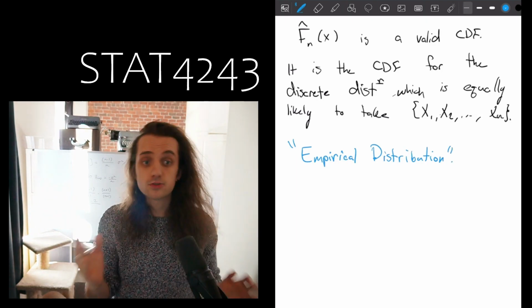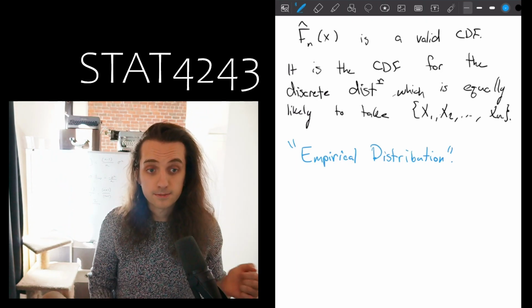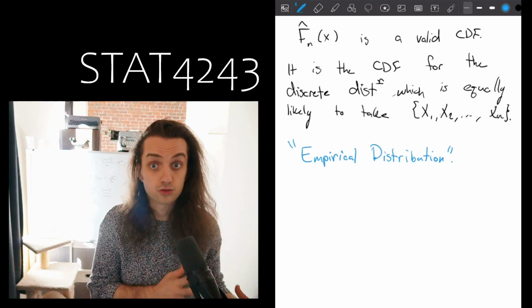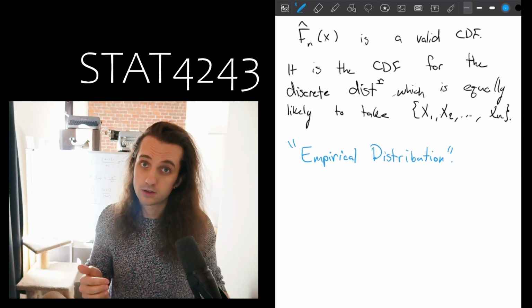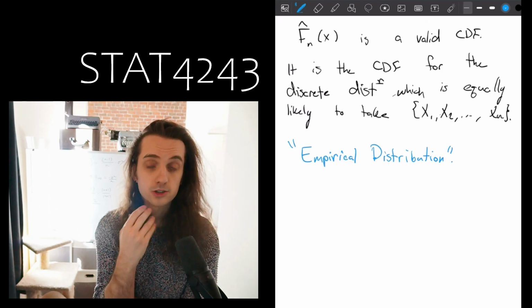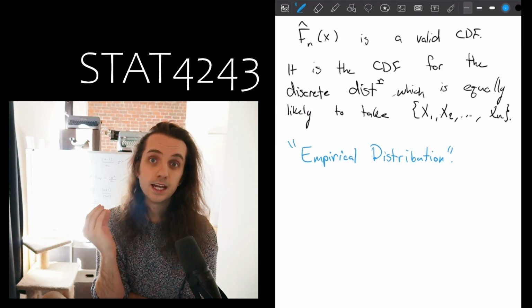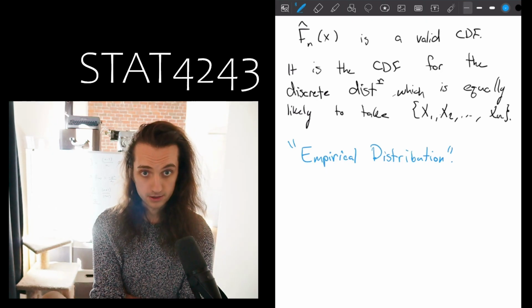So it's going to be called the empirical distribution, and the empirical CDF is the CDF of the empirical distribution. Right, so there are two ways that we can go about thinking about the ECDF. On one hand, we can think about it as an estimate of the true population CDF, and it's a nonparametric estimate, right? So it's going to work no matter which data set we're working with, what population distribution we're working with. It's also going to be the valid CDF of the empirical distribution, right?